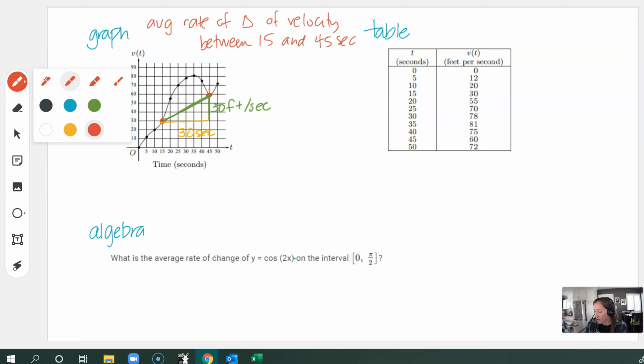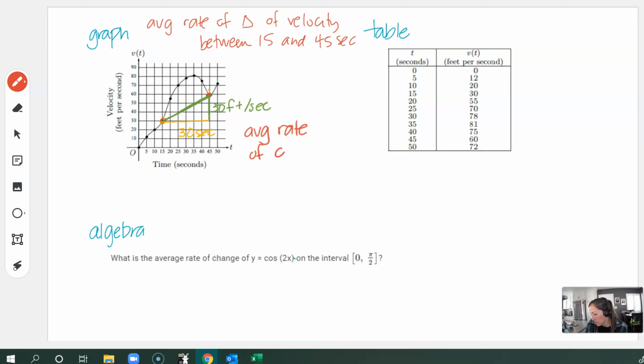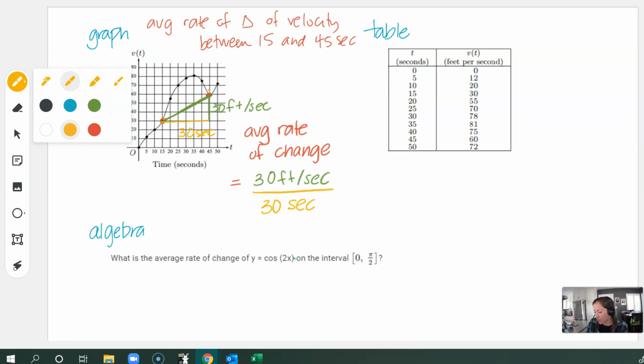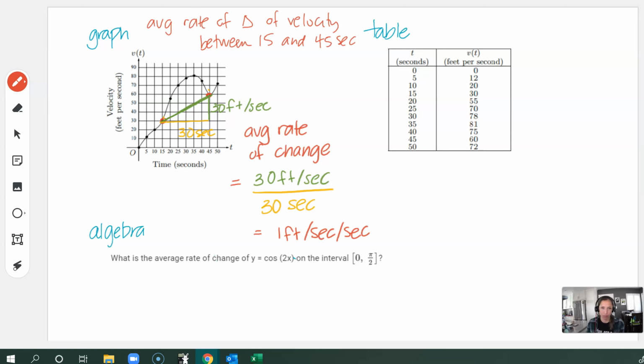So according to this, the average rate of change between those two values in our velocity is going to be our change in our output, our rise, 30 feet per second, over the change in our input, which was our time, so 30 as well. And so our final answer here, we get 1 feet per second, which is a little bit weird, but trust me, things will be worse when you get into calc. And again, we could have done this using the formula, and we'll do that on the next example.